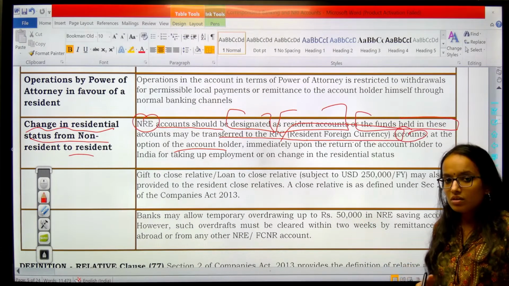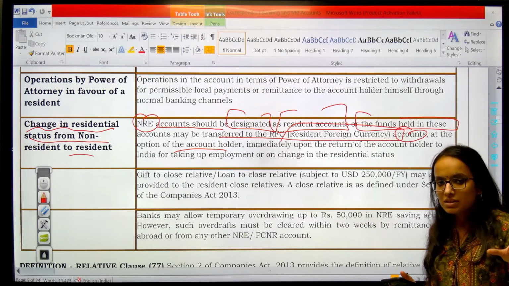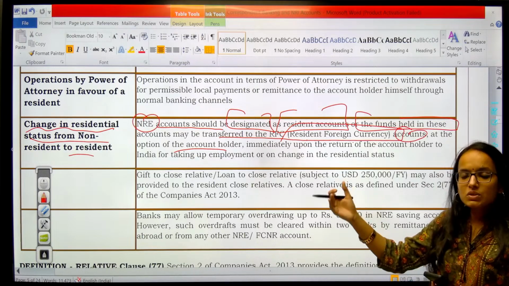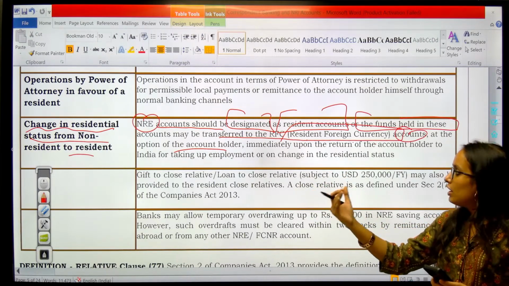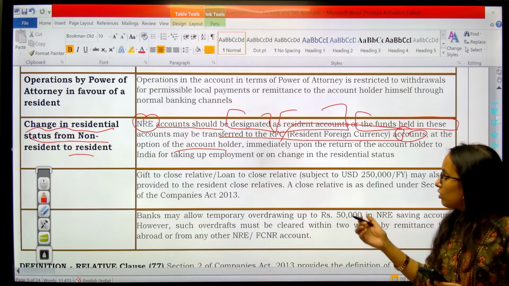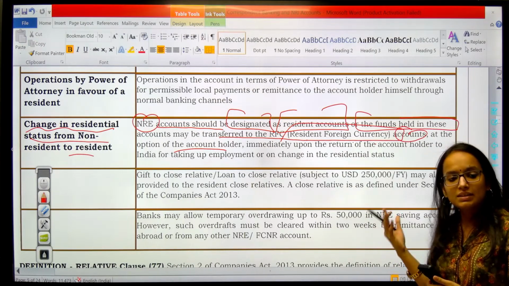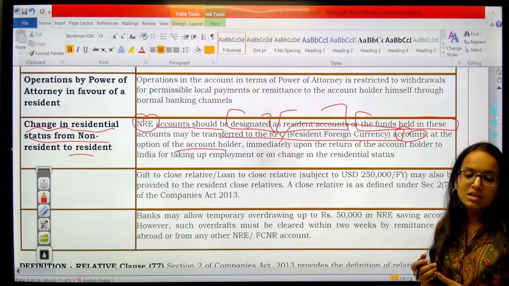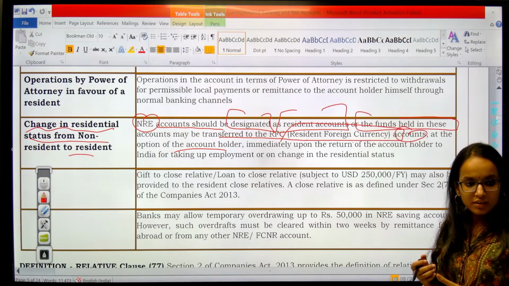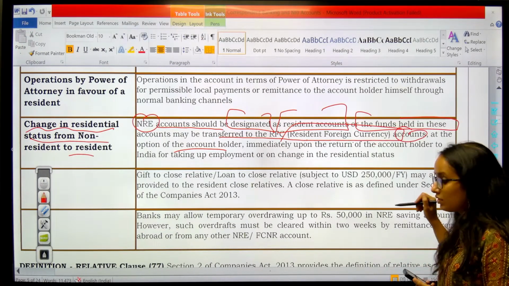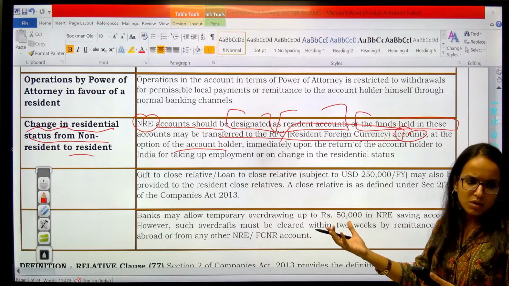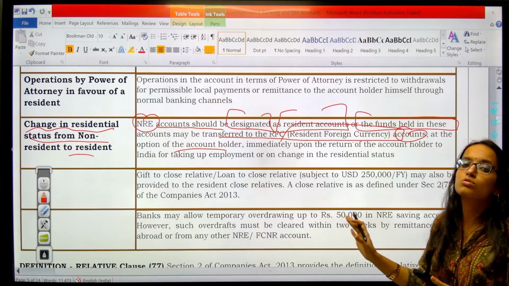So it cannot merge directly with the normal banking system, but you can transfer those funds to a new account, say a resident foreign currency account, or that account can be designated as a resident foreign currency account, RFC. Clear? That would be at the option of the account holder, if the account holder wants to do that.